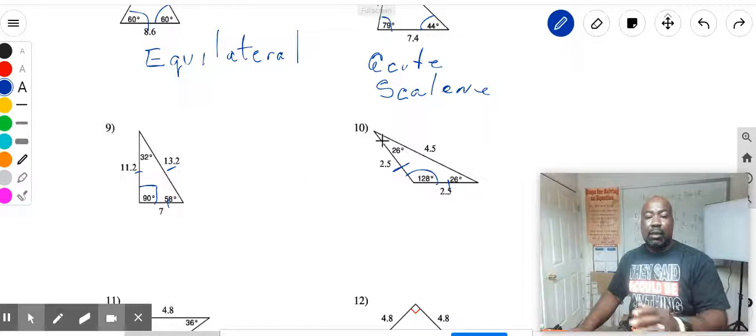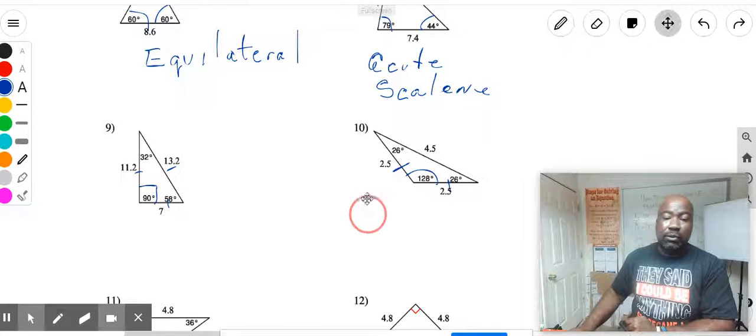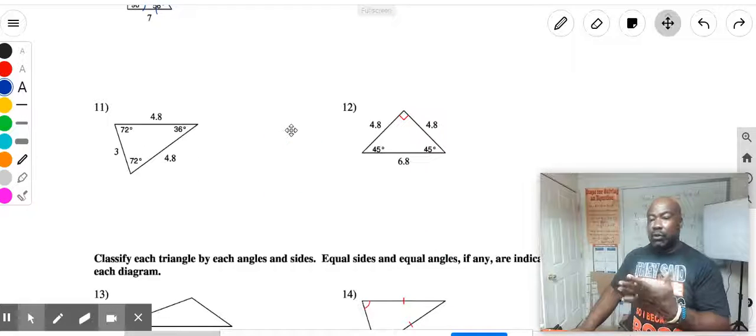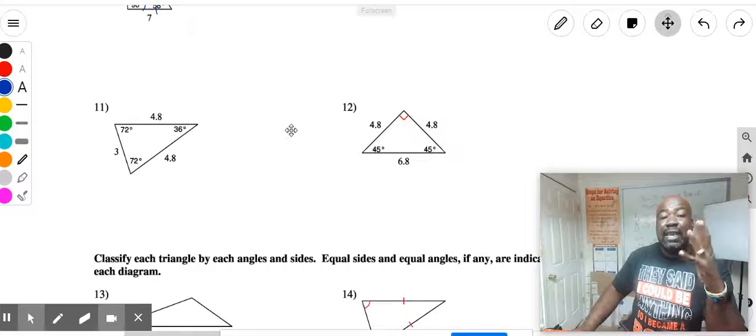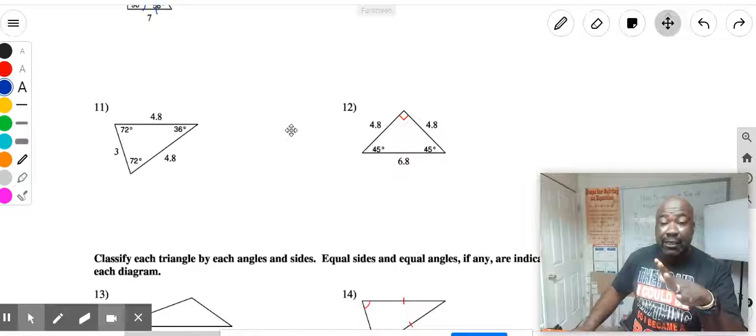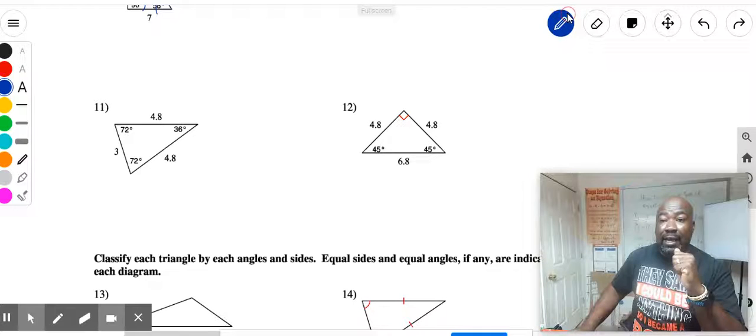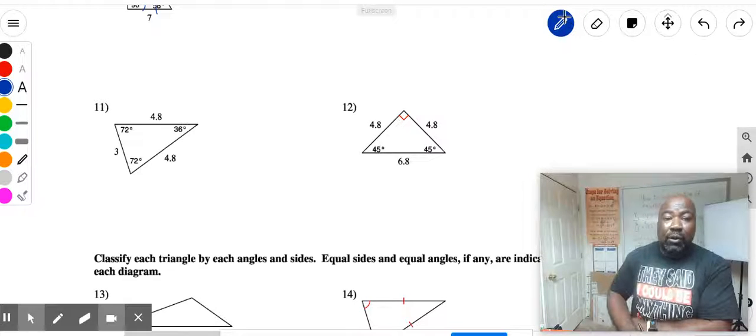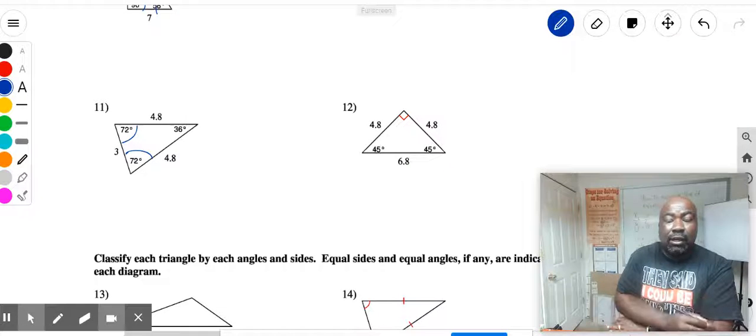Now, let's move on to number 11. I'm just going to talk you through. The goal is to have you download the worksheet and write it down. I could write this down, but there's no benefit if you don't write it down. So I want to see you guys do some work. So here we have two angles that are less than, what do you call it? 90.